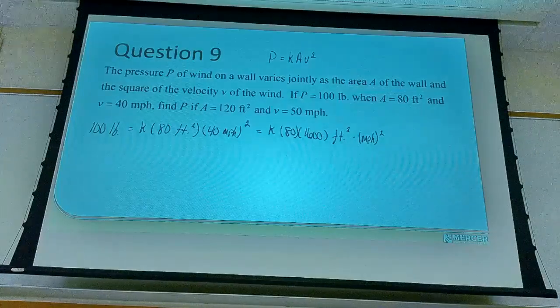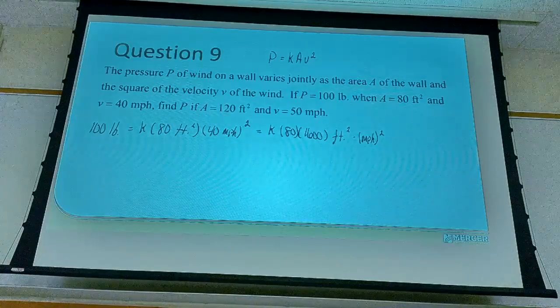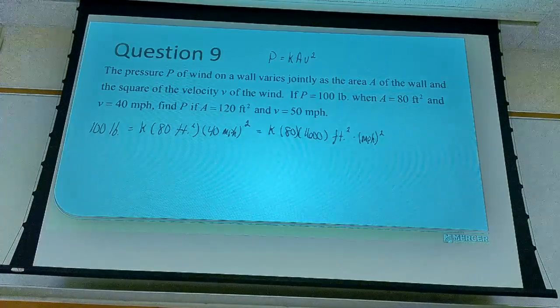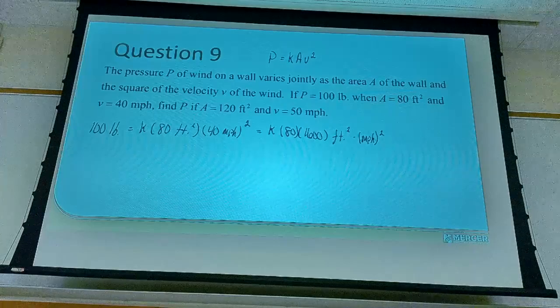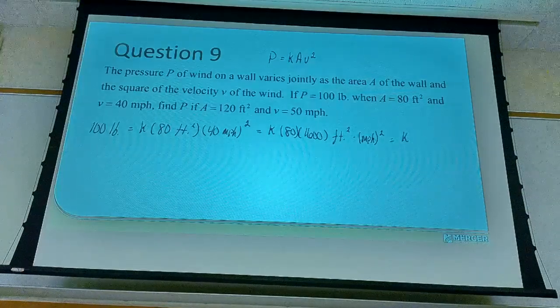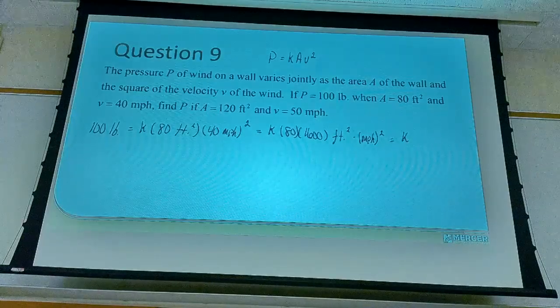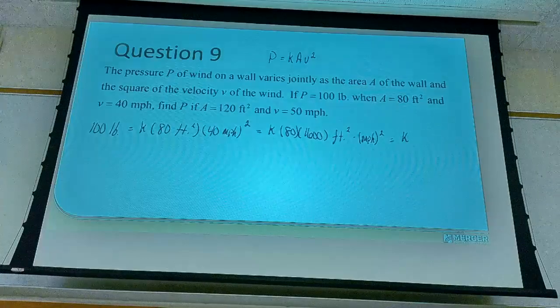Yeah, 128. But you also had a 10 and 100. So right now we're doing 80 times 1600 and then 100 divided by that. So what I said was 128 and then 3 zeros.